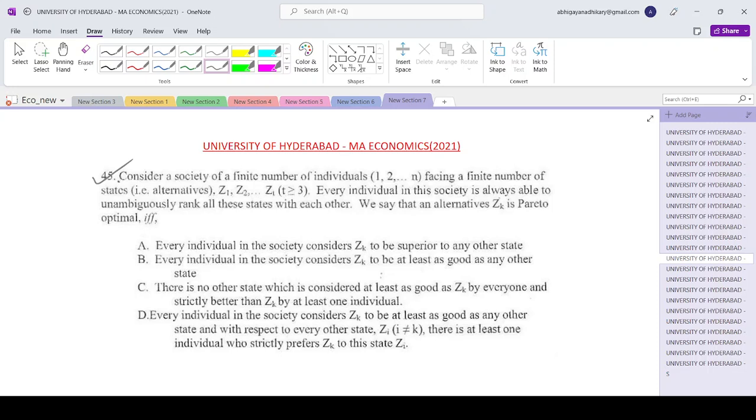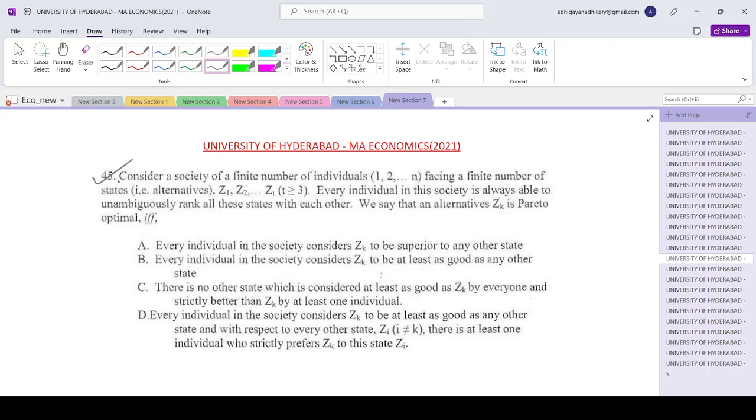Every individual in the society is able to unambiguously rank all these states with each other. We say that an alternative zk is Pareto optimal if, first, each individual in the society considers zk to be superior to any other state.